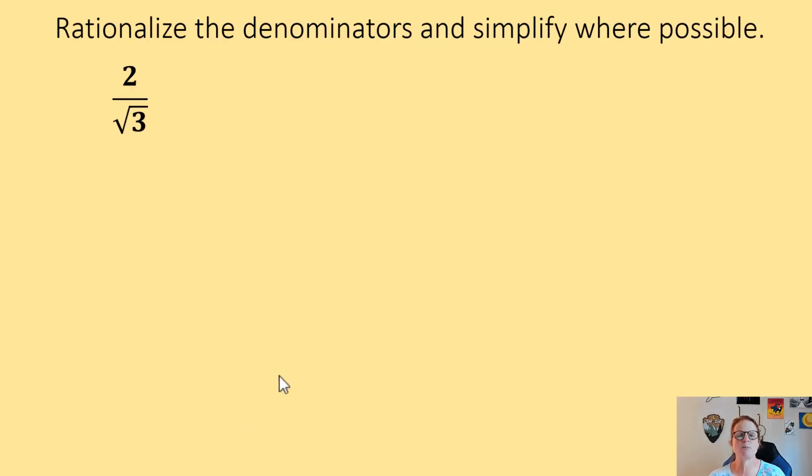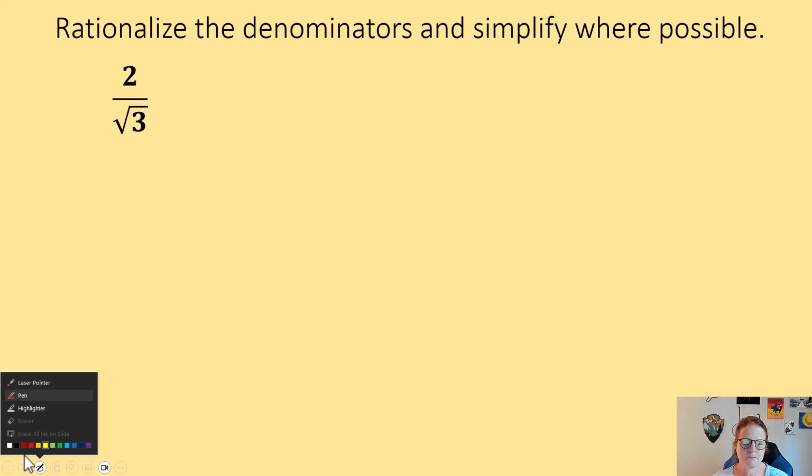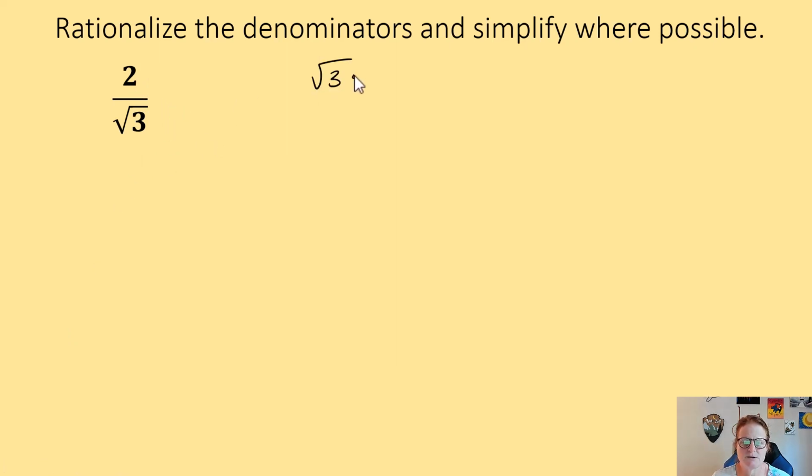So here we have a problem. We have a radical in the denominator, and we're not allowed to have this, so we're going to get rid of it. To do this, if you remember our rule, the square root of 3 times the square root of 3 is equal to 3. We're going to use this rule. Remember, we can do whatever we want to an expression as long as we multiply it by a form of 1.